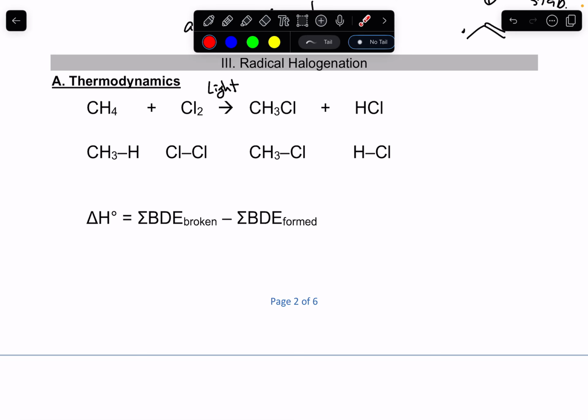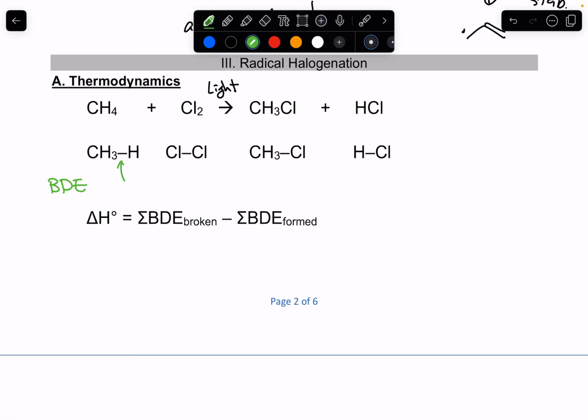And then here we're going to be thinking about some thermodynamic implications of this reaction. If you go look at the thermodynamic data table in your textbook, you should be able to look all these up.